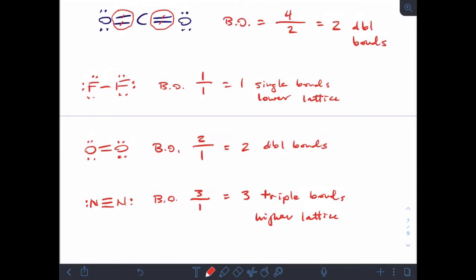So fluorines are both 1s, have charges of 1, and they're very small. Oxygens have charges of 2 and are slightly larger. Nitrogens have charge of 3 and are slightly larger. So with that increase in charge, that relates to lattice energy.